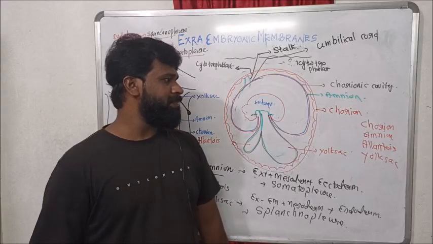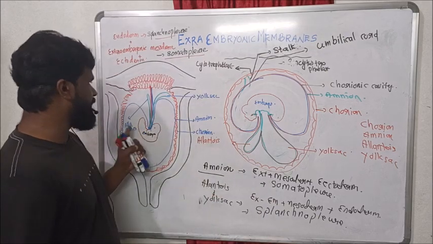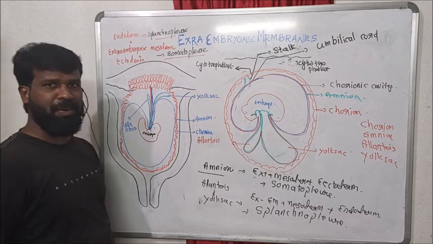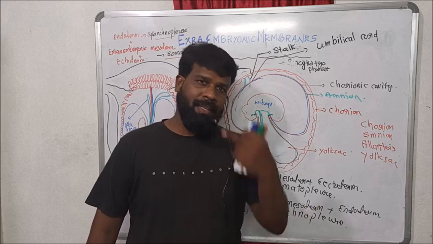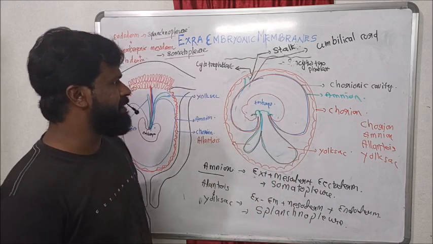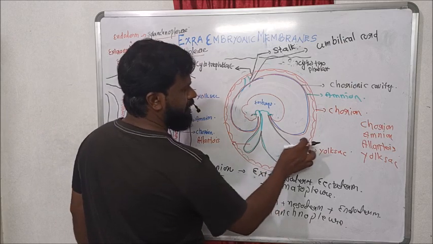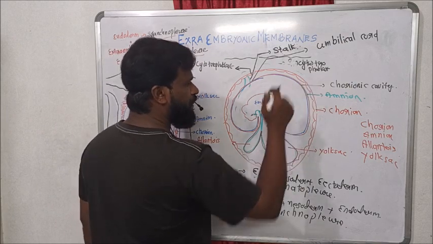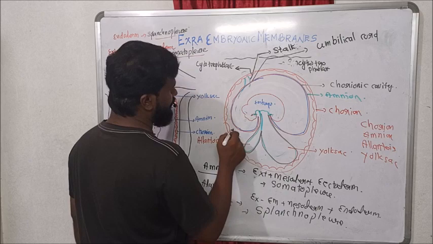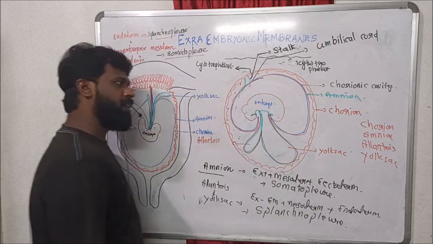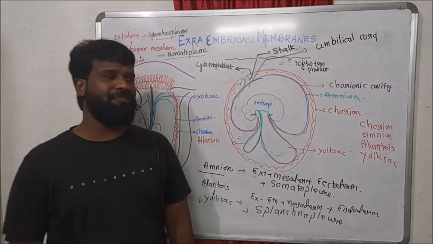See here, this one is a human embryo. This human embryo is protected by the extraembryonic membranes. See here, this is the chorion, and this cavity, we know, is the chorionic cavity. This chorionic cavity is filled with fluid.